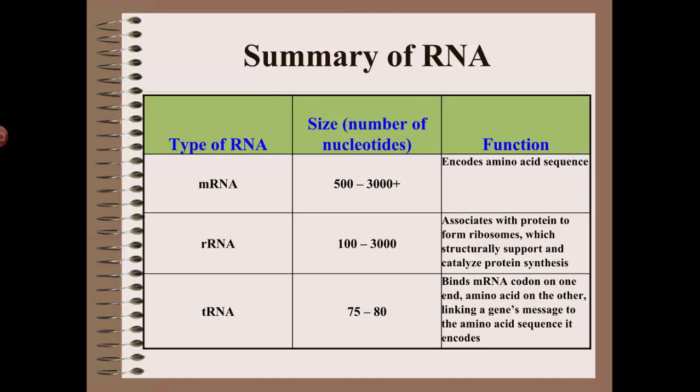That's what coils up and associates with proteins to form ribosomes, which catalyze or hold on to and allow for an easier protein synthesis. And transfer RNA, 75 to 80 nucleotides in length, very short, folds up into a cloverleaf shape. That's the molecule that holds on to the amino acid on one end and is attracted to a specific series of 3 bases in the messenger RNA to bring in that particular amino acid.